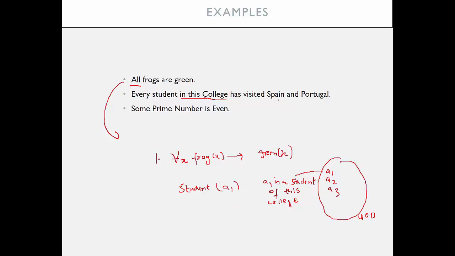And if we have to represent A1 visited Spain, we represent it like this. A1 visited Spain. Then to represent A1 visited Portugal, we represent it like this. A1 visited Portugal.